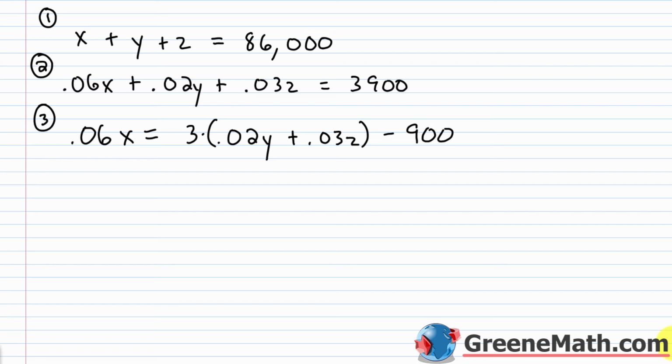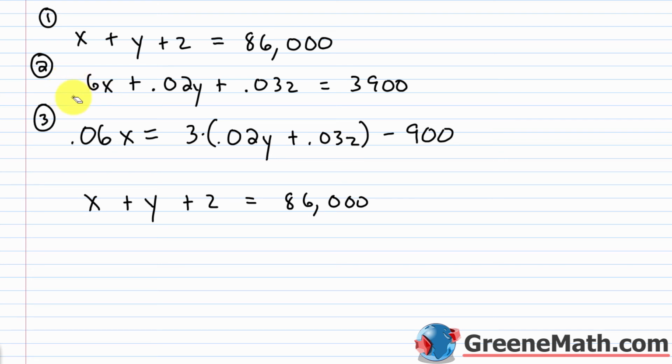So let me just start with equation 1 and equation 2. So equation 1 is x plus y plus z equals 86,000. Equation 2, we have 0.06x plus 0.02y plus 0.03z equals 3,900. Now to make this easy, I can multiply both sides of this equation by 100. Every decimal point would go over to the right by 2.